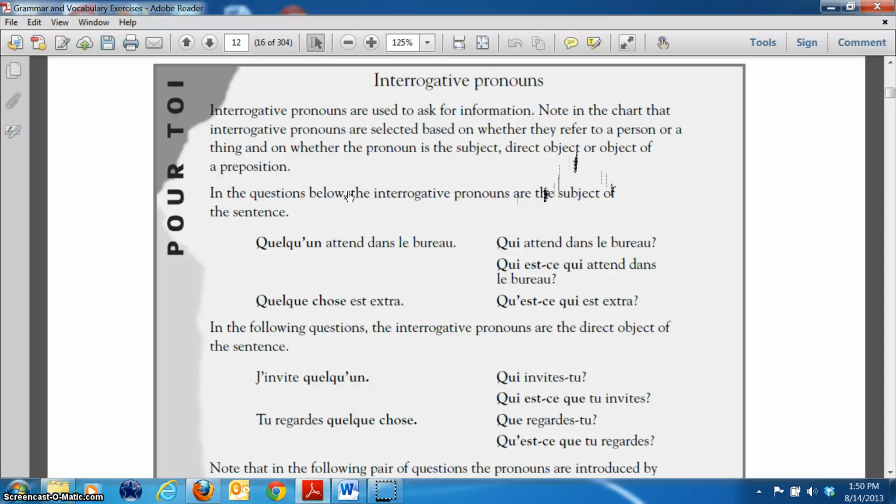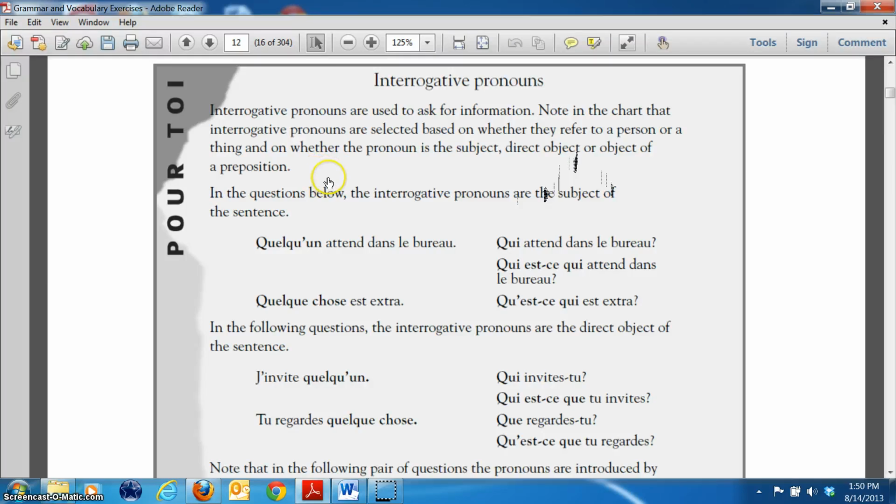Now, this type of French right here is a little old-fashioned. In modern French, they've shortened it, and instead of saying qui est-ce qui, they've shortened it to qui. So technically, the old way of doing it is now this way. It's shorter.